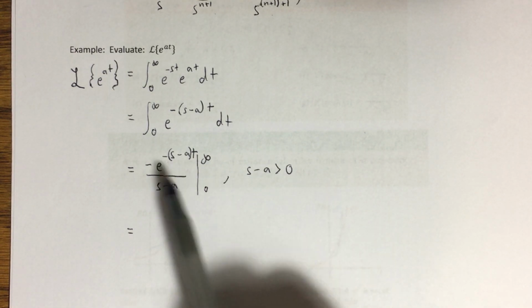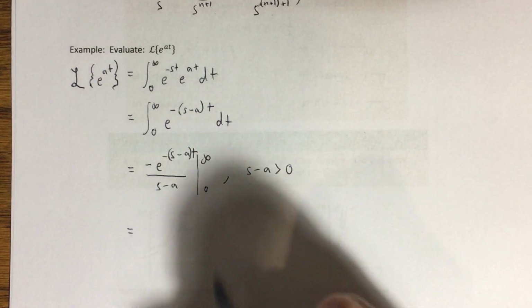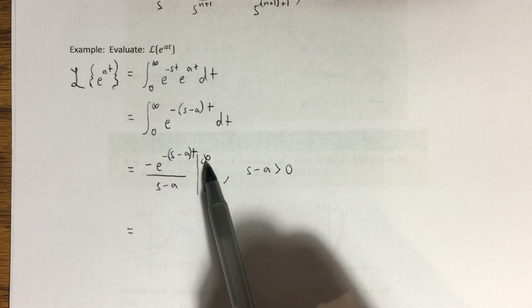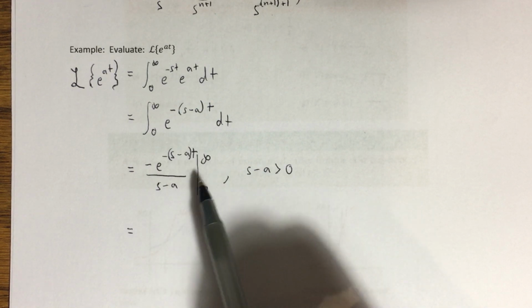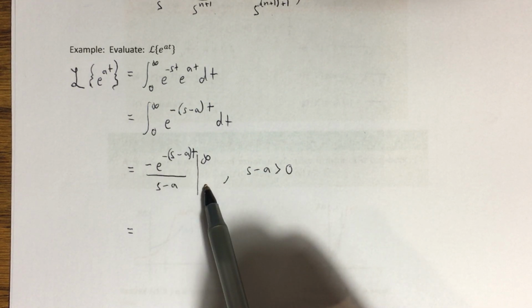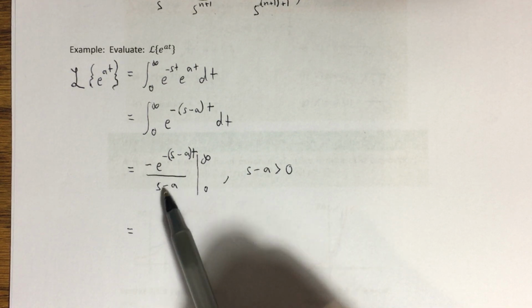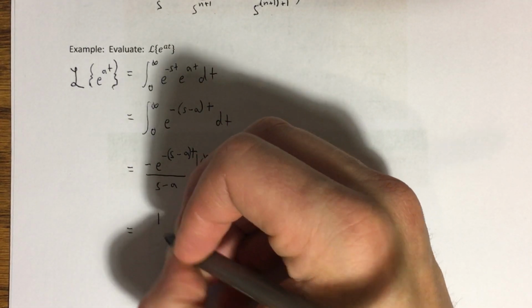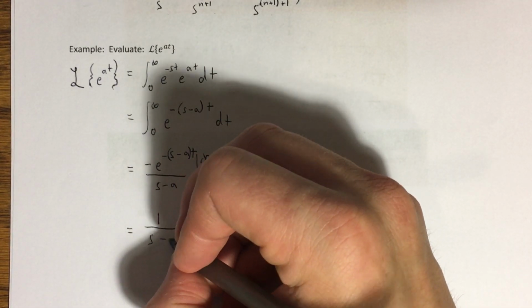So if that's the case, what happens when we evaluate this? When I take the limit, it'll send this thing off to 0 minus this thing evaluated at 0. If I evaluate this at 0, this becomes negative 1 over s minus a. Minus negative 1 makes that positive 1 over s minus a.